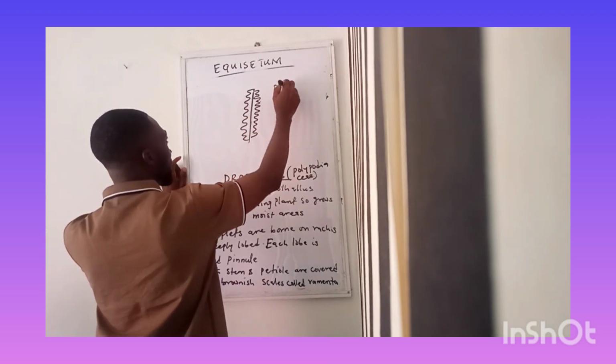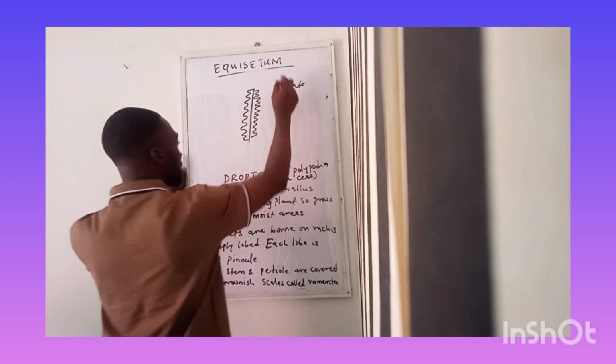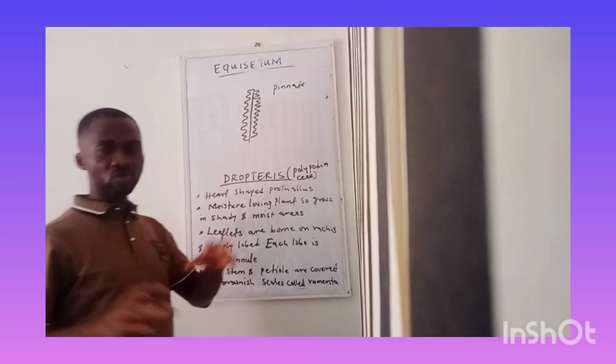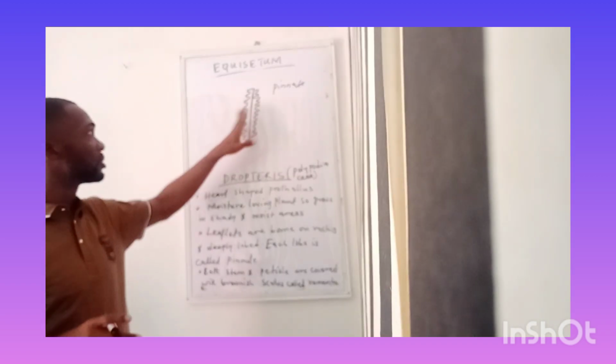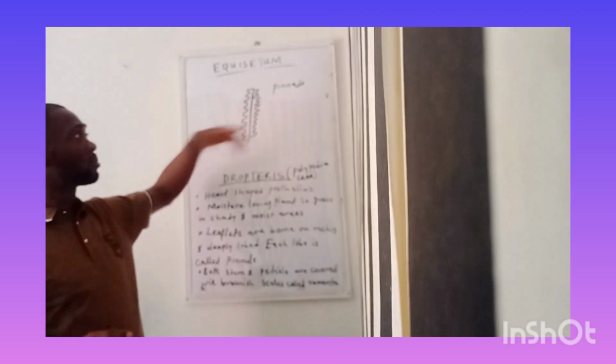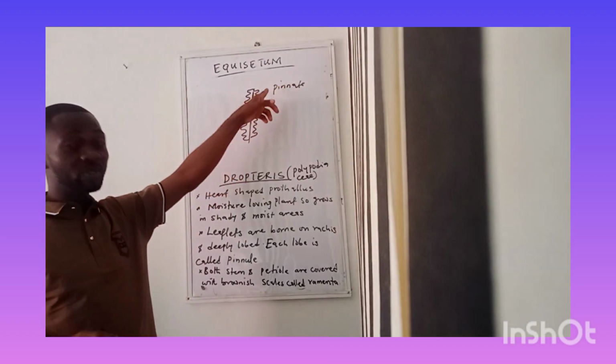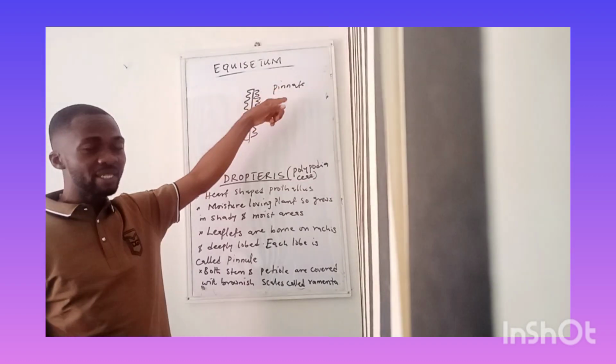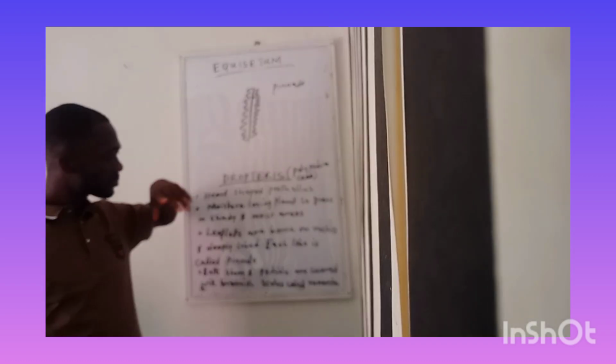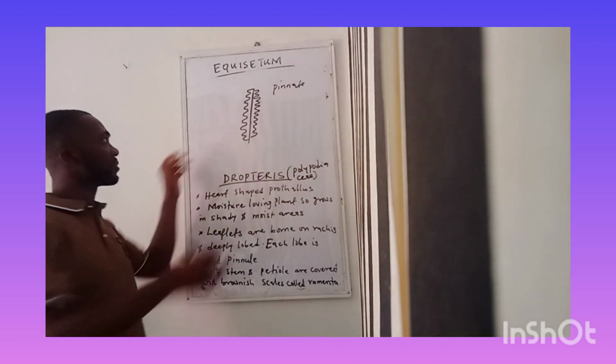So this is said to be pinnate. When the leaflets are in opposite directions, facing each other, that is when we say that it is pinnate. Then I also say that it is borne on the rachis.